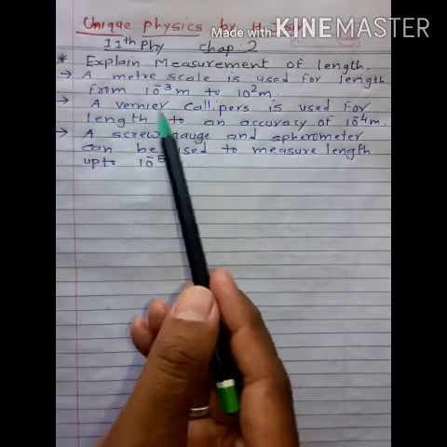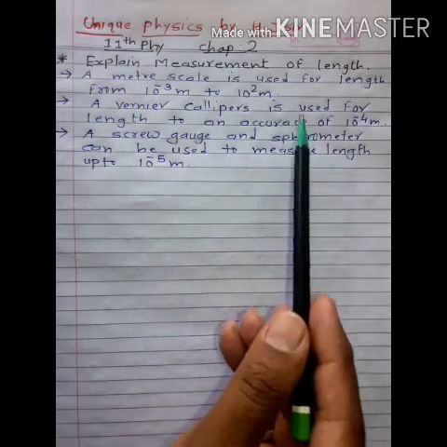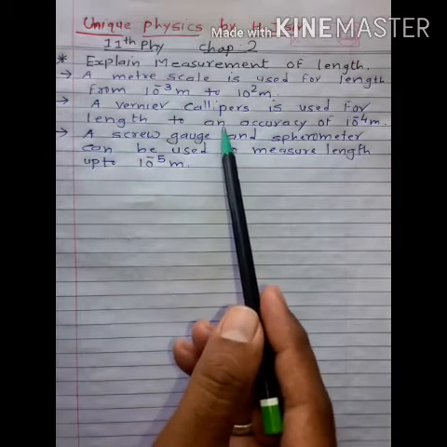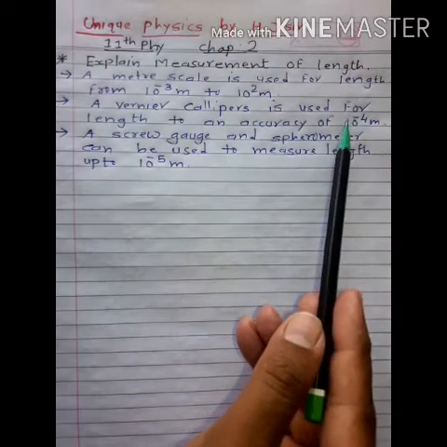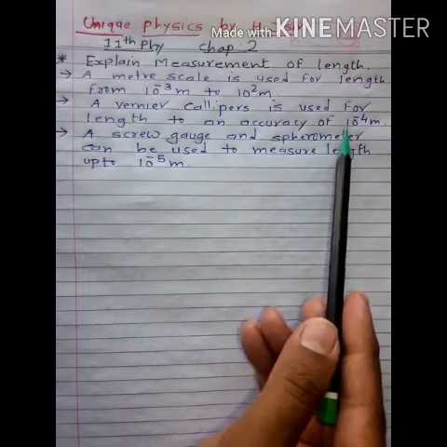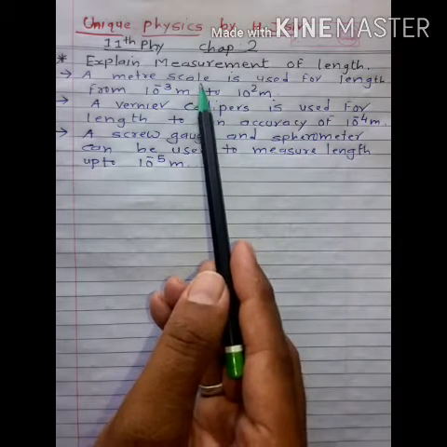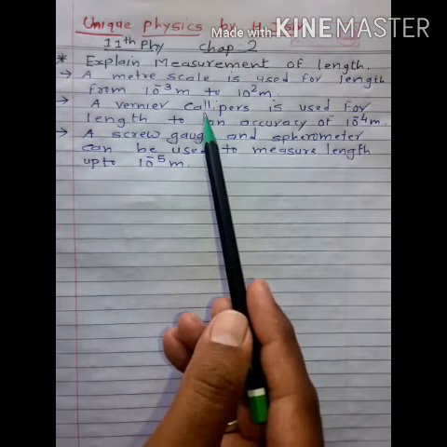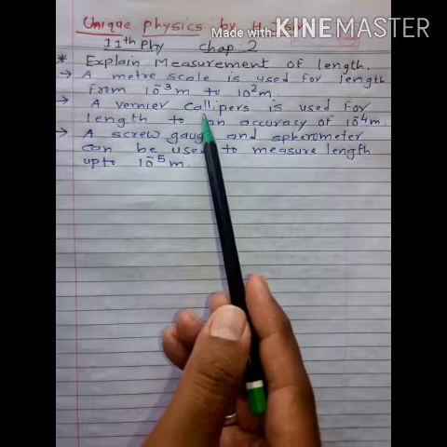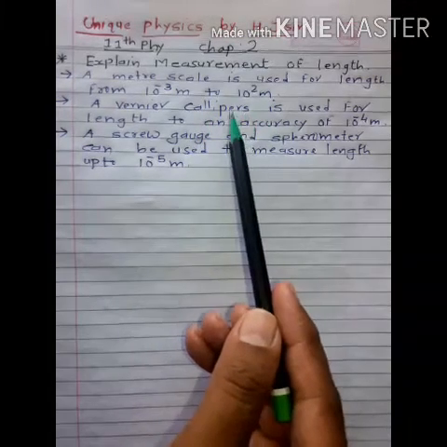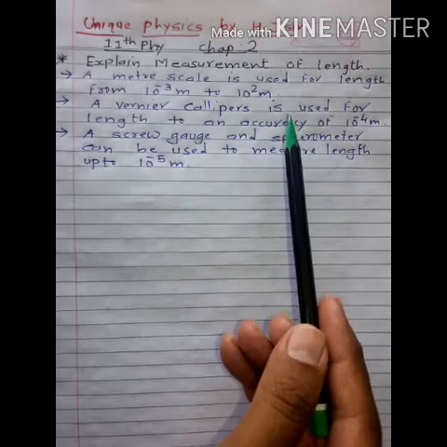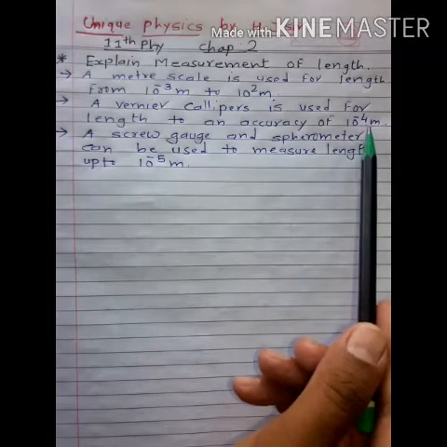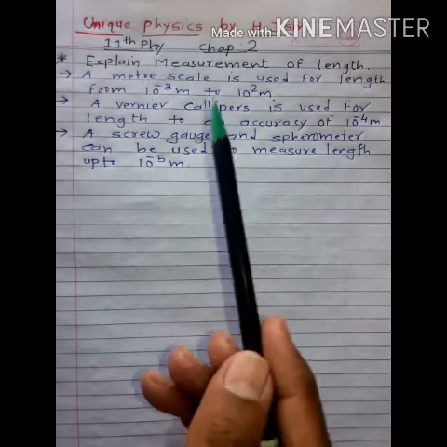This is an accurate instrument which is used for measurement of length up to an accuracy of 10 raised to minus 4 meter. Clear? Compared to meter scale, vernier calipers is a more accurate device. Using this device we can measure length up to an accuracy of 10 raised to minus 4 meter.